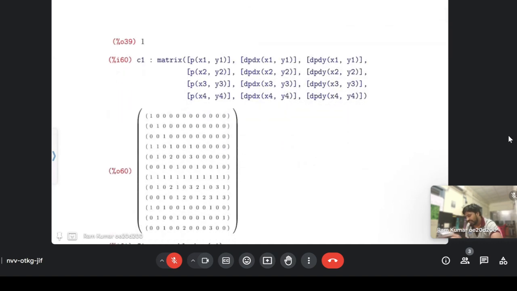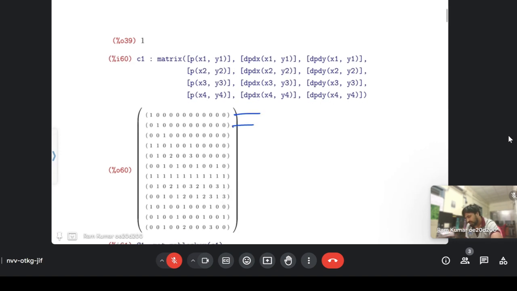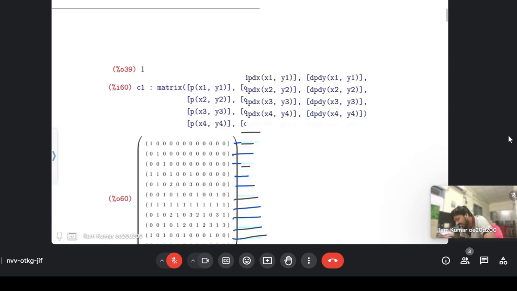What is this matrix? Yes. So what is the C1 matrix?